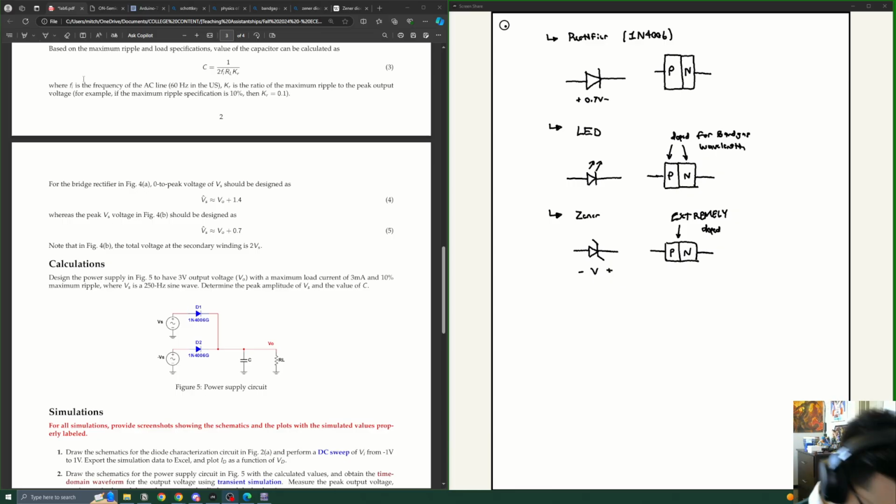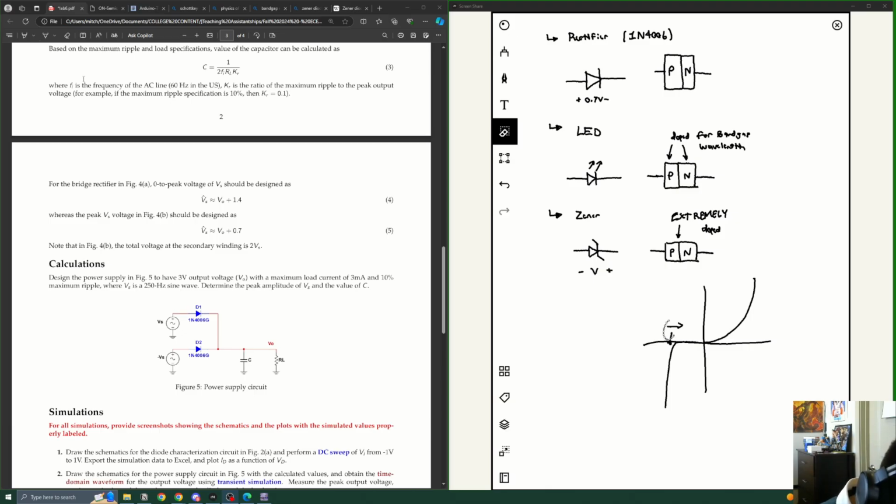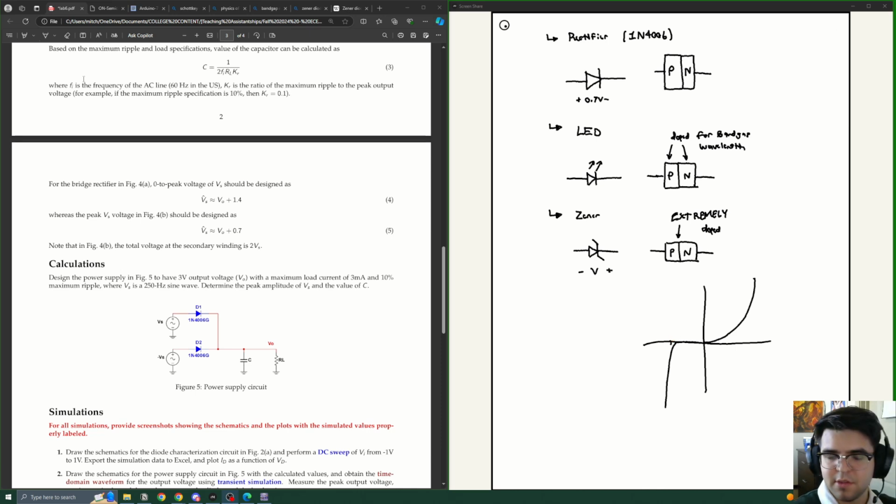So if we have our IV curve, right, so we're used to this with the exponential relationship, right, and then we expect no current, and then it drops off like this, right? Well, we actually make it so that the breakdown voltage is much, much lower, and such that whenever the diode is in breakdown, it actually has consistent voltage and current qualities, right?